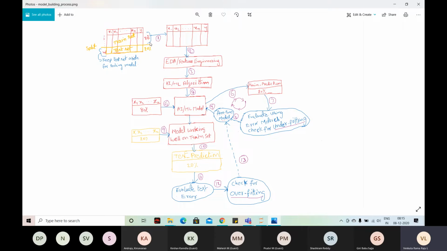There are two sampling techniques I am going to cover, which generally work. One is random sampling, and the second is stratified sampling. I'll talk about stratified sampling later when we cover classification, because that example is very simple to explain there. Here I am covering random sampling.